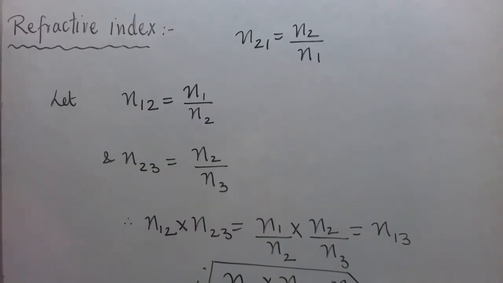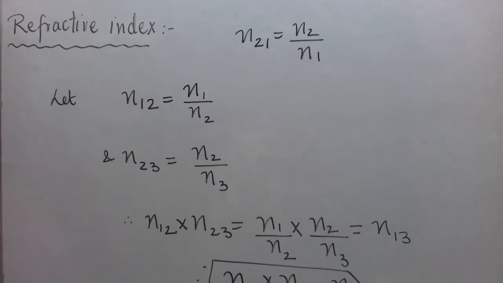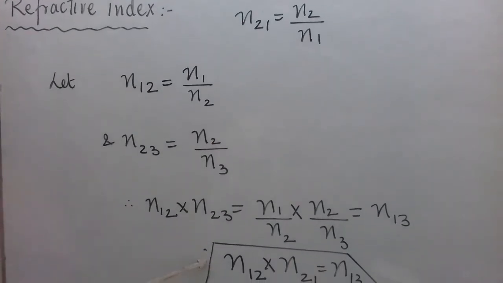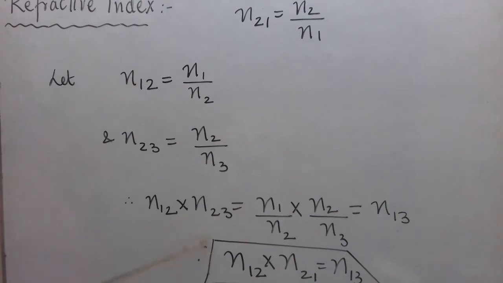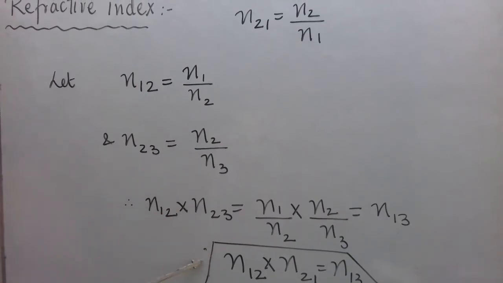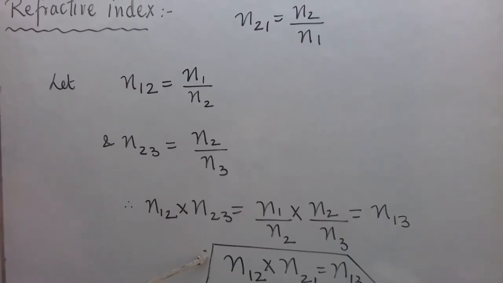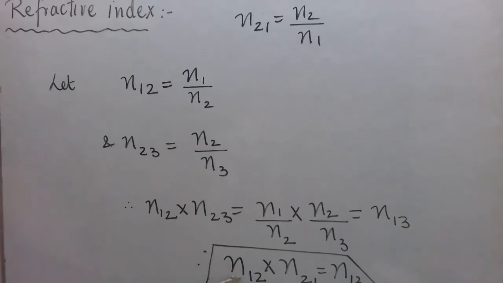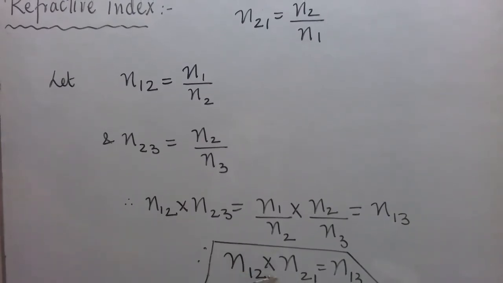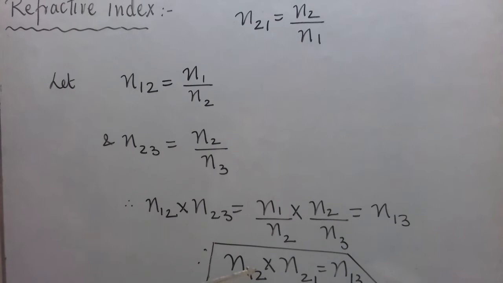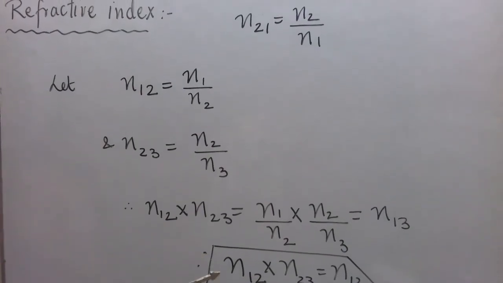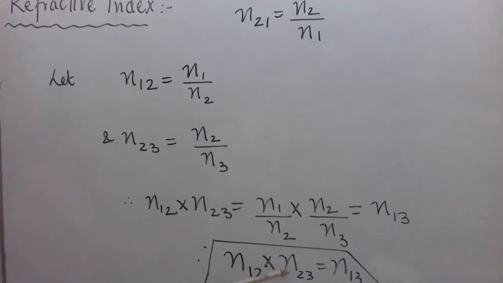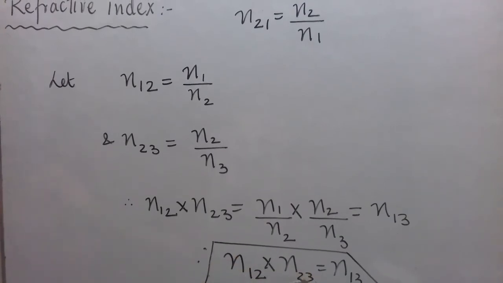Now let us consider this last expression about refractive indices, and let us see how we can prove it, although this is not directly included in your syllabus. See here, N12 into N23 is equal to N13.